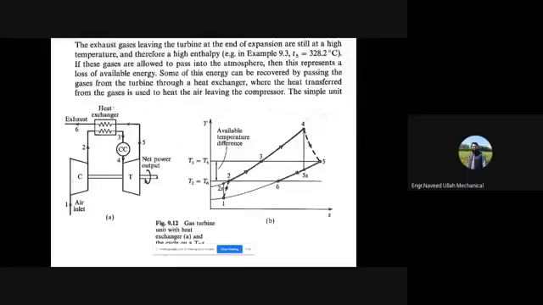Important modification to the basic cycle is the use of heat exchanger, right? Heat exchanger basically क्या है कि this is a compression process in the compressor, right?